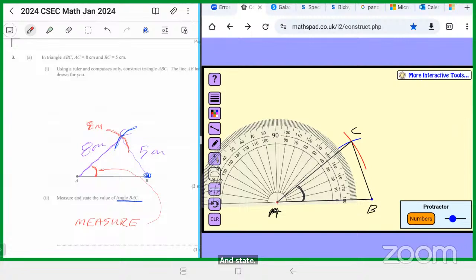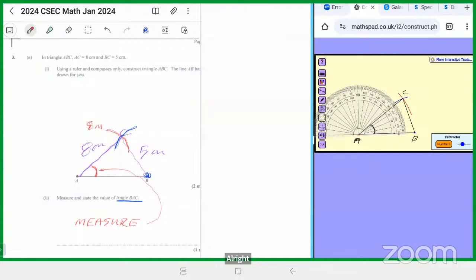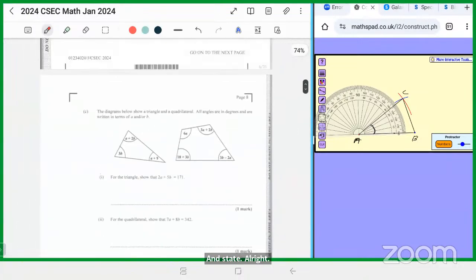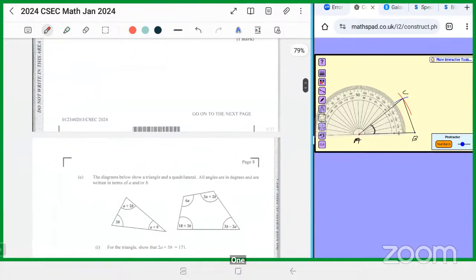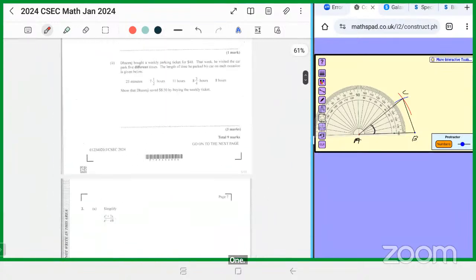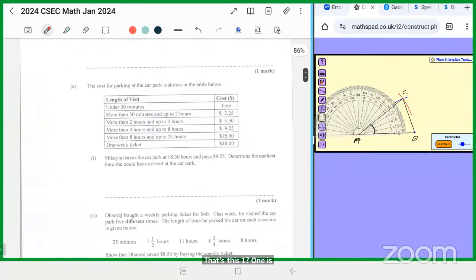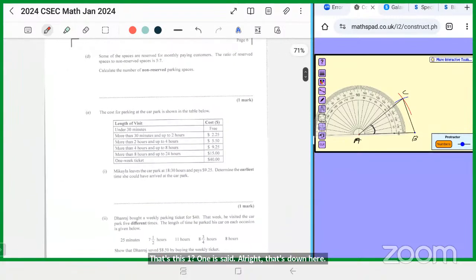1E on this paper. All right, 1E. That's down here. I can't do 1E without the other part. I think you have to do the other part first.